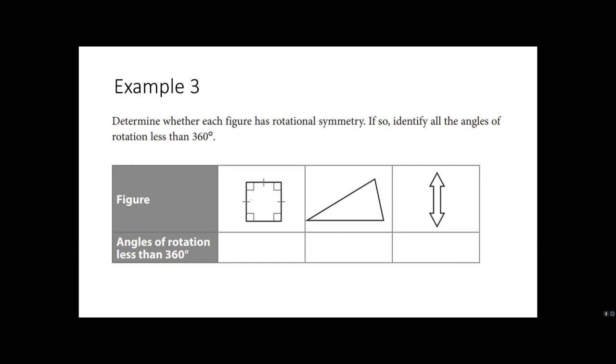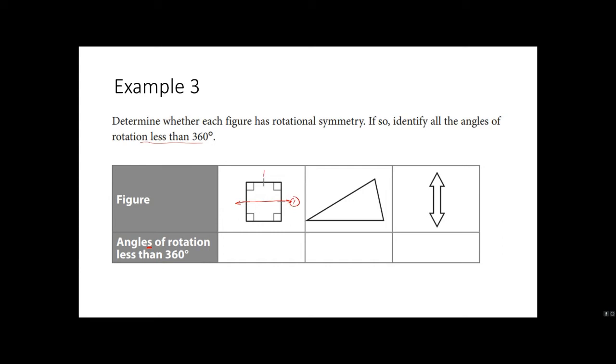All right, example 3. We're going to determine the rotational symmetry of each object. Notice how they say rotation less than 360. That's because they're talking about angles. So let me explain that. First things first, let's count how many lines of symmetry they have. I count 1 there.